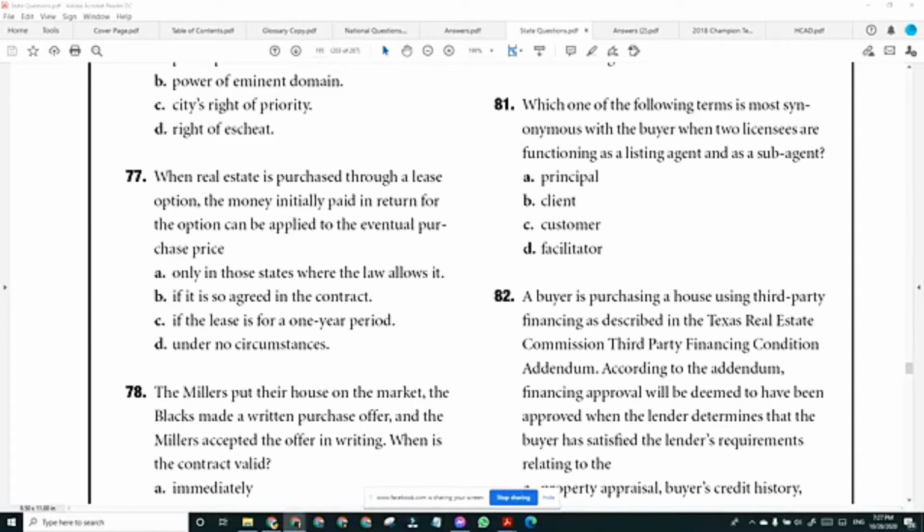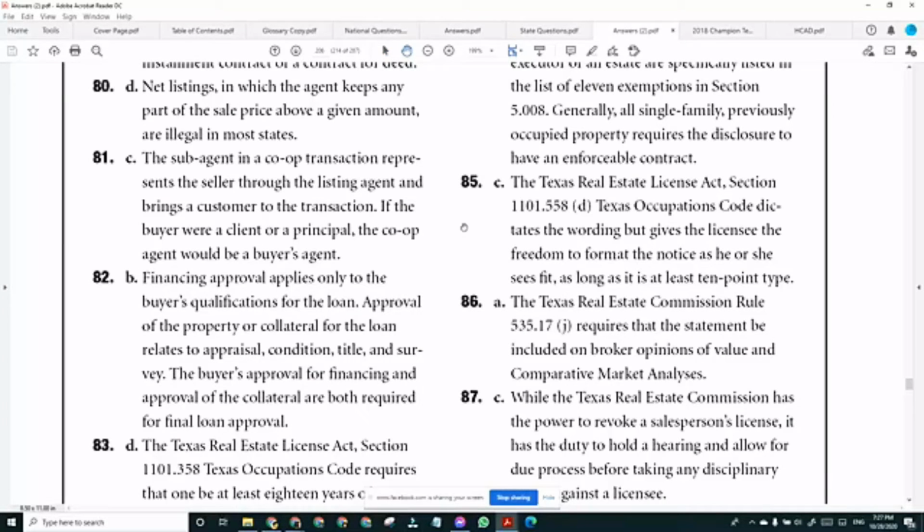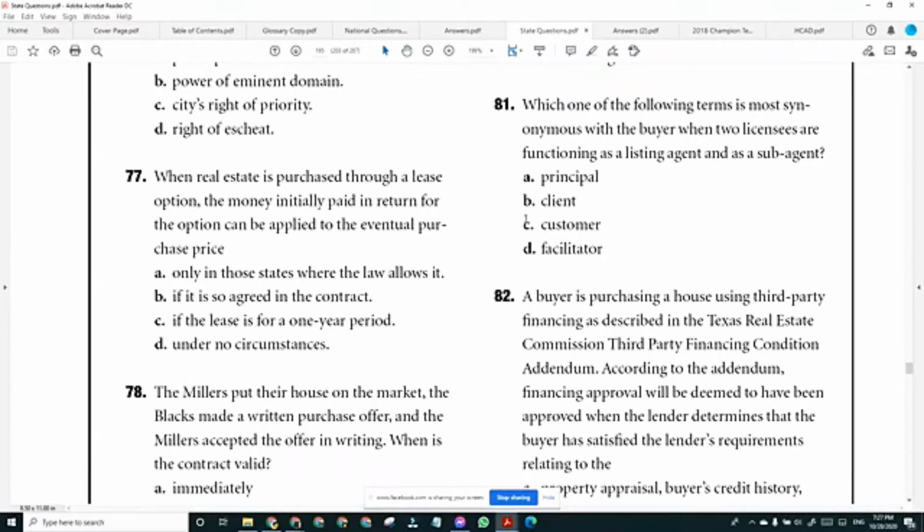Okay, I'm sorry, 81. It is C, right? It is the customer. Because when there's a sub-agent, the buyer agent is not representing a client.